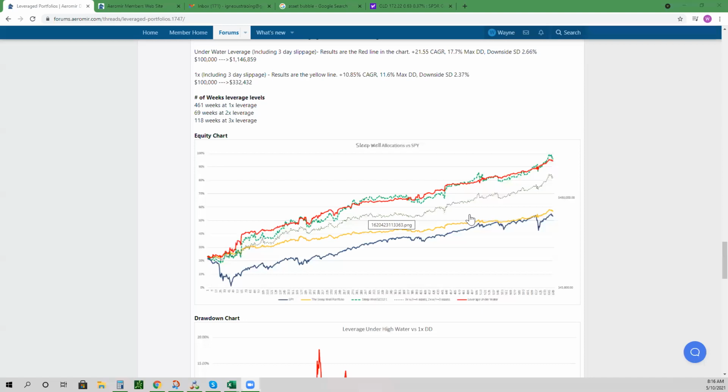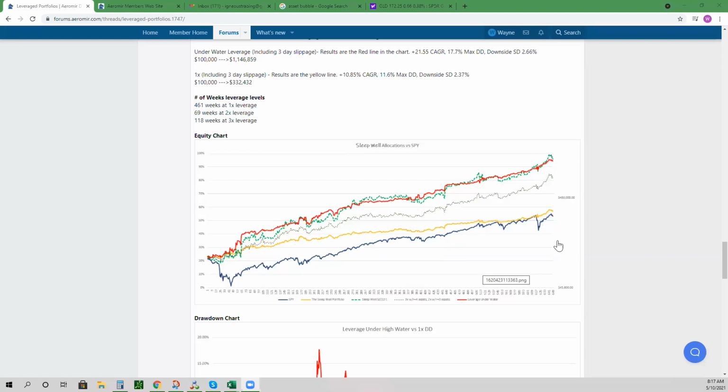is an old strategy from when we were originally talking about leveraging, where the more assets that are online, the more you could leverage up, and the fewer assets online, the more you could leverage down. That was a nice, risk averse way of leveraging. And then the yellow line down here is just 1x, your typical everyday sleep well portfolio.